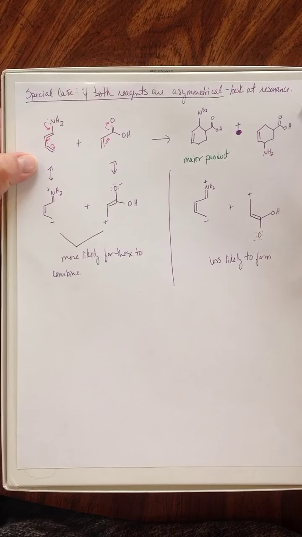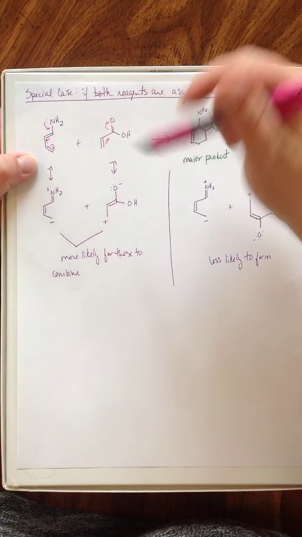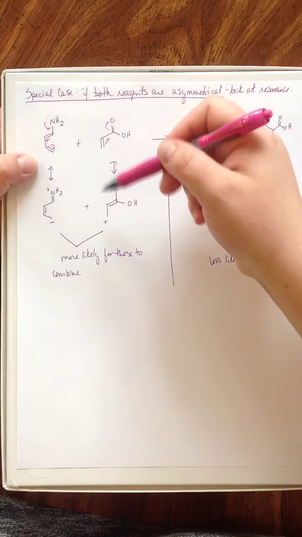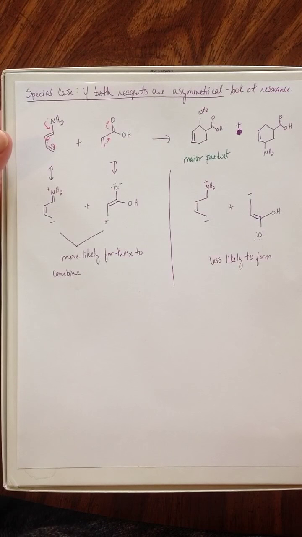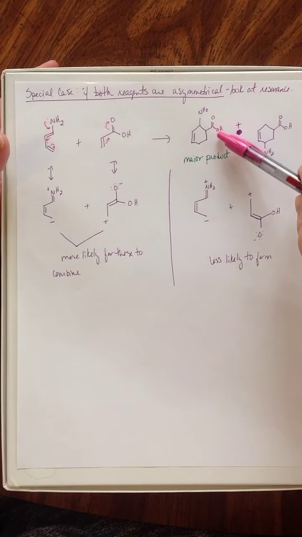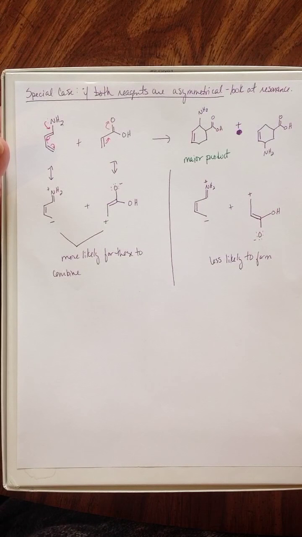This would happen because one of these has flipped. So in other words, your R group has aligned to a different direction. In order to look at which one is most favorable, and what we do find is that this is the major product, we have to look at the electronic signatures of both of those.